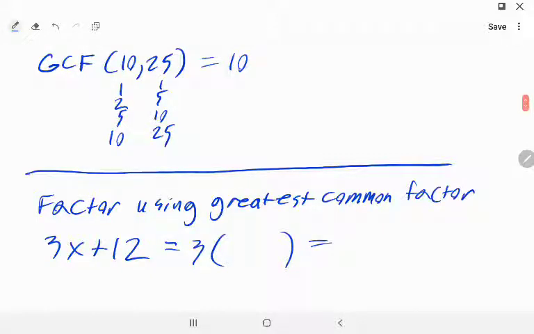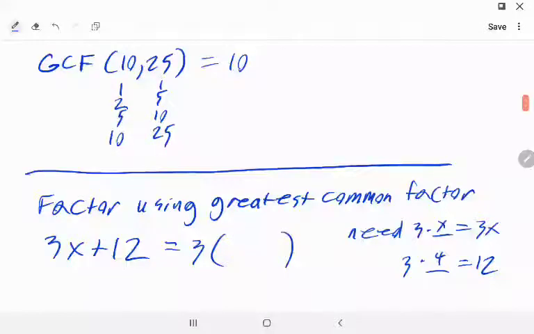We need 3 times something equals 3x, and 3 times something equals 12. For the 3x, we multiply by x. For the 12, we multiply by 4. So 3x plus 12 equals 3 times the quantity x plus 4.